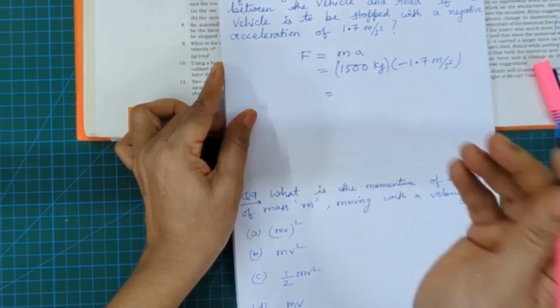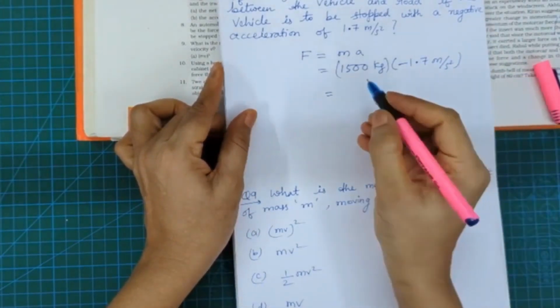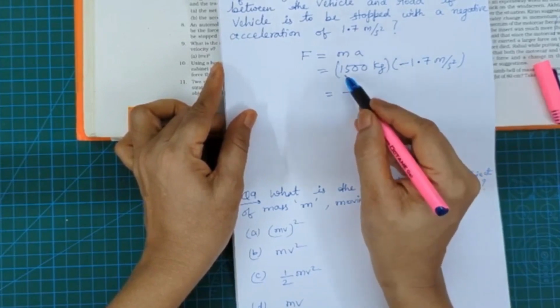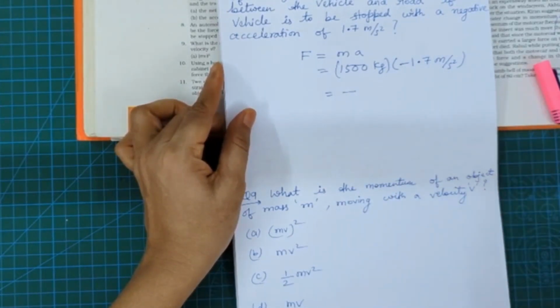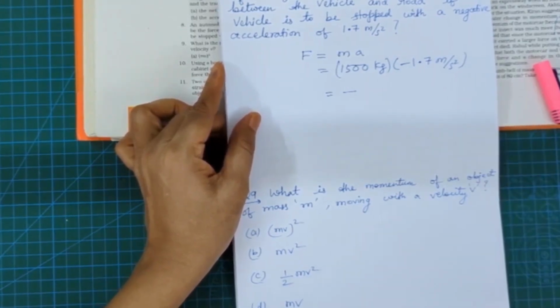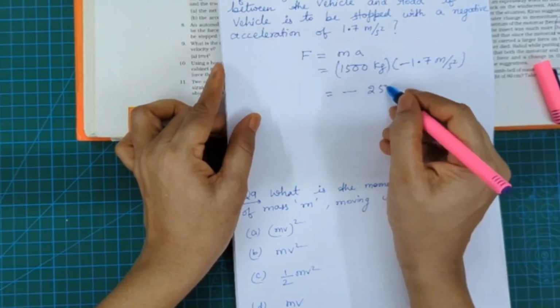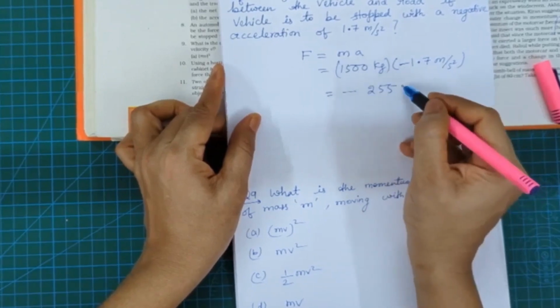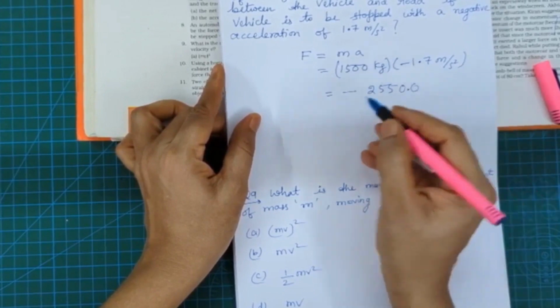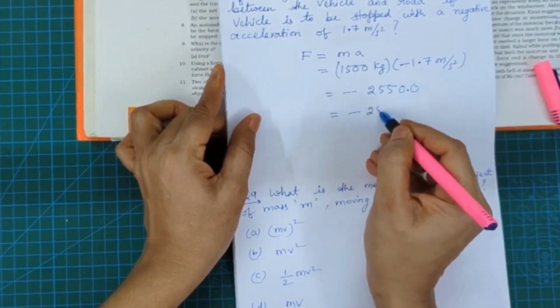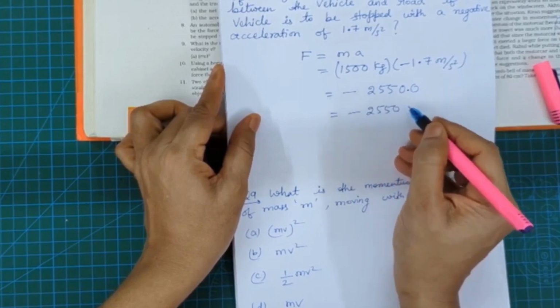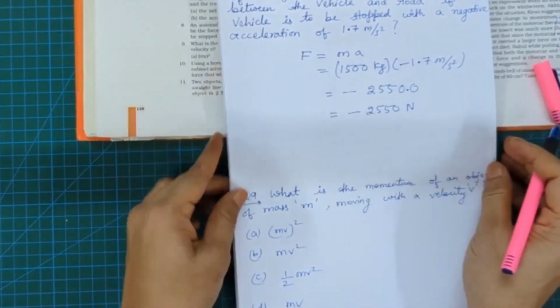The negative sign stays just to tell that it's a force that is used to stop a moving vehicle. So 15 times 17 we should do. So this turns out to be 255 and there are 2 more zeros and the decimal from the back. So the force is 2,550 newtons in the opposite direction.